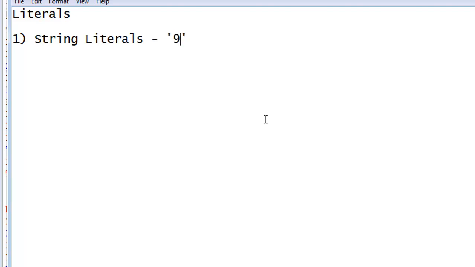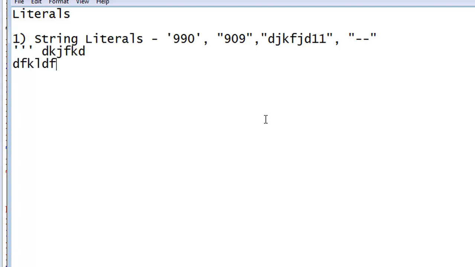Anything inside single quotes is called a string. Okay, these are just examples of a string. Anything, any symbol, anything inside single or double quotes is your string. And a string can be multi-line if we use triple quotes like this. So this is your multi-line string.